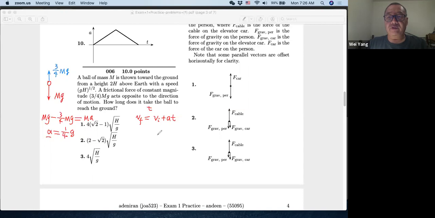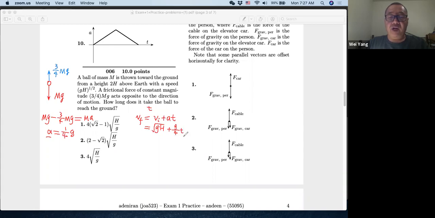This is the first equation, right? In this equation, we know Vi equals, let's simplify, the square root of gh, then plus a, that's g over 4 times t, right?